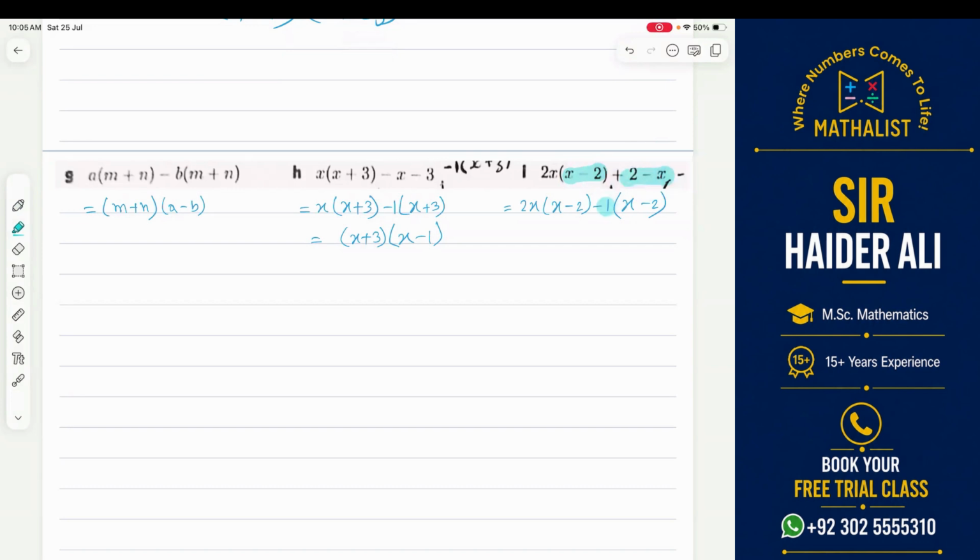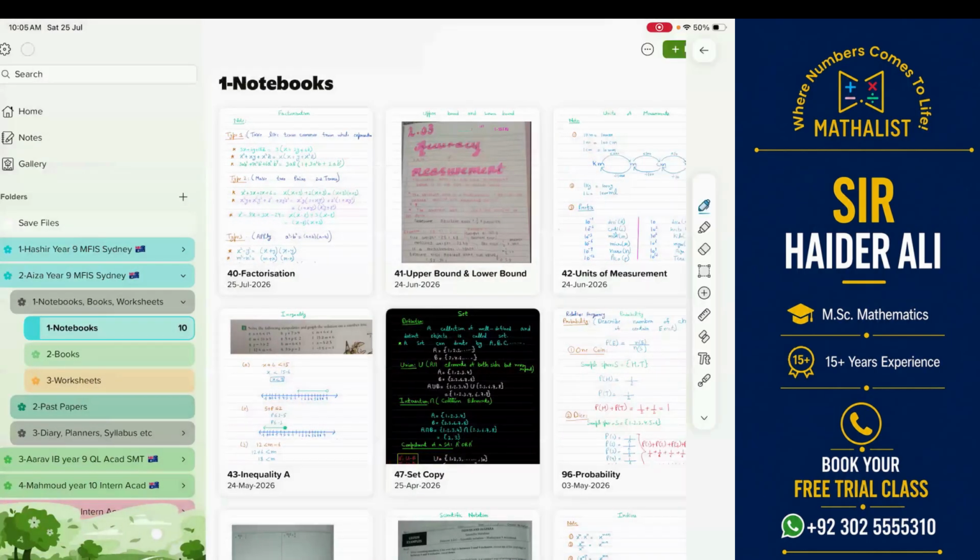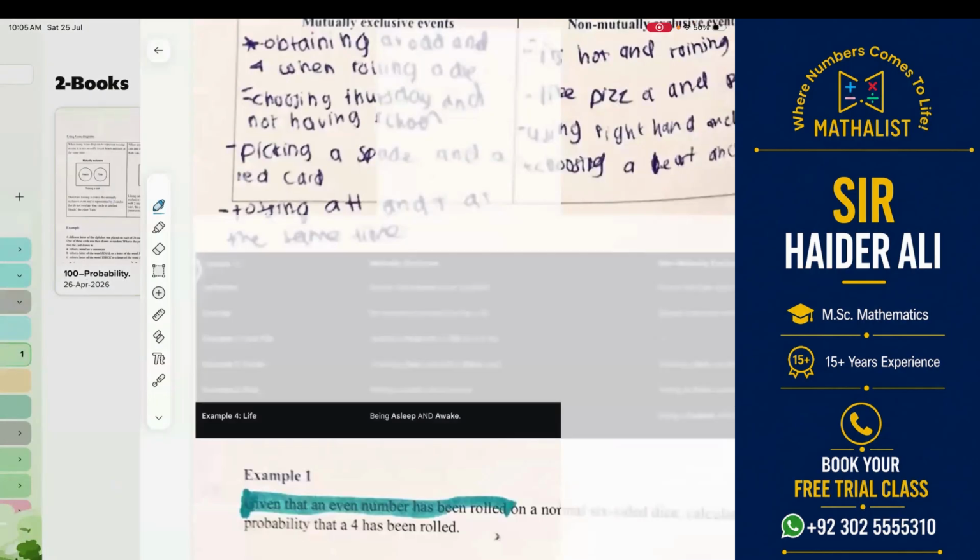I take minus 1 common, then the signs are changed. And now you can take common x minus 2. Inside we have 2x minus 1. That is the answer. Okay. See these parts. Any problem? No. Okay, then I think other parts of this page are easy.